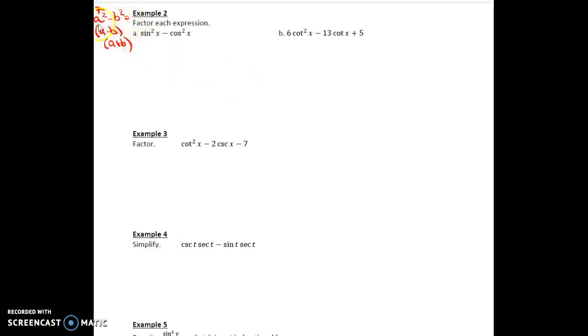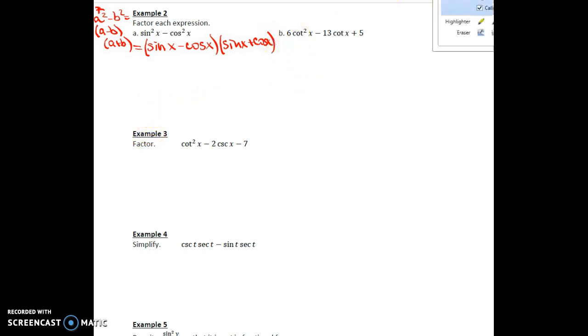So we're going to use this form to factor the first expression. Sine squared of x minus cosine squared of x is equal to sine of x minus cosine of x times the sine of x plus the cosine of x. And that is our final answer.